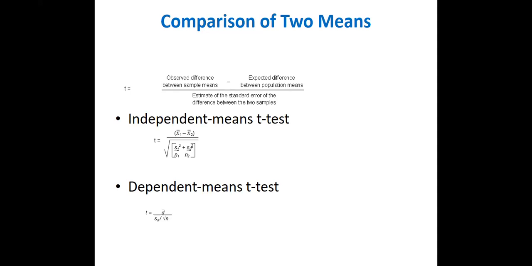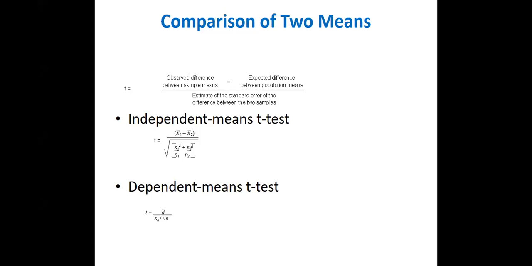So imagine, if we use the example of blood sugar between male and female, you have two groups, male and female, and when you calculate the average blood sugar for female to be 65, and the average blood sugar for male to be 60, you can see the difference is 5. That difference you see is the observed difference.